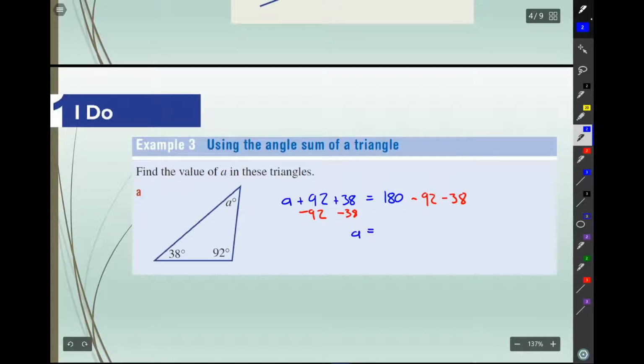So we end up with A by itself, and then we have 180 minus 92 minus 38. Okay, and if we put that in our calculator, or do it in your head if you can, we come up with angle A equals 50 degrees.